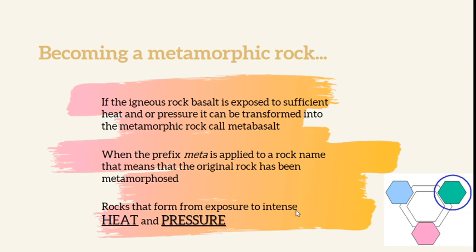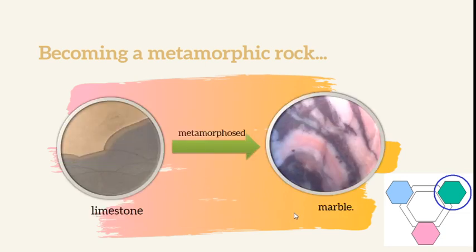Take note, when the prefix meta is applied to a rock name, that means that the original rock has been metamorphosed. Okay? Or that rock was exposed to high temperature or high heat. Okay? Or high pressure.